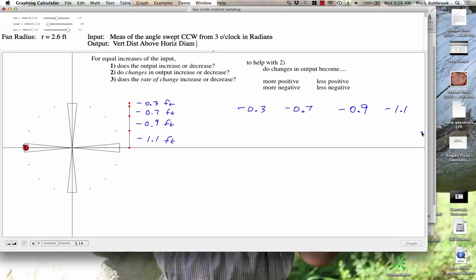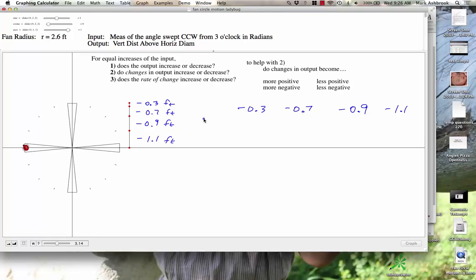Is that a decreasing sequence of numbers or increasing? Decreasing. They're getting more negative. Those numbers are going down. Now, just looking at the amount of change, yes, it gets bigger, and that's what's confusing about it. But negative changes that get more negative are decreasing changes.